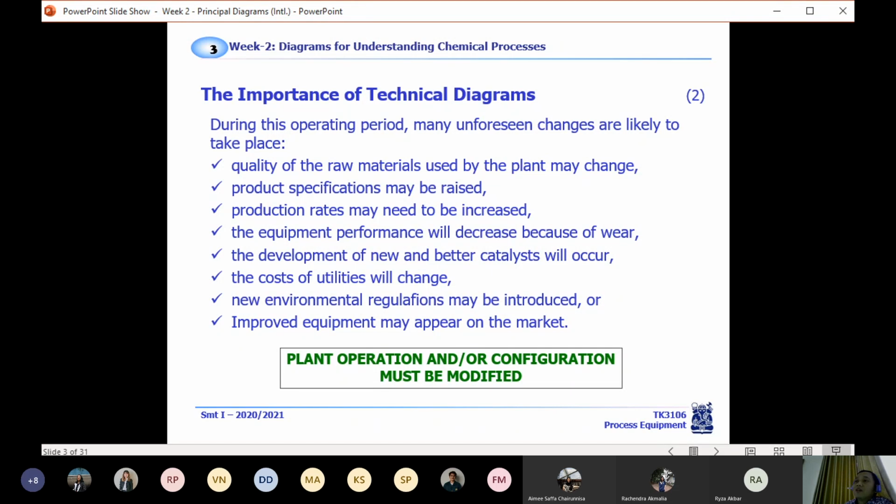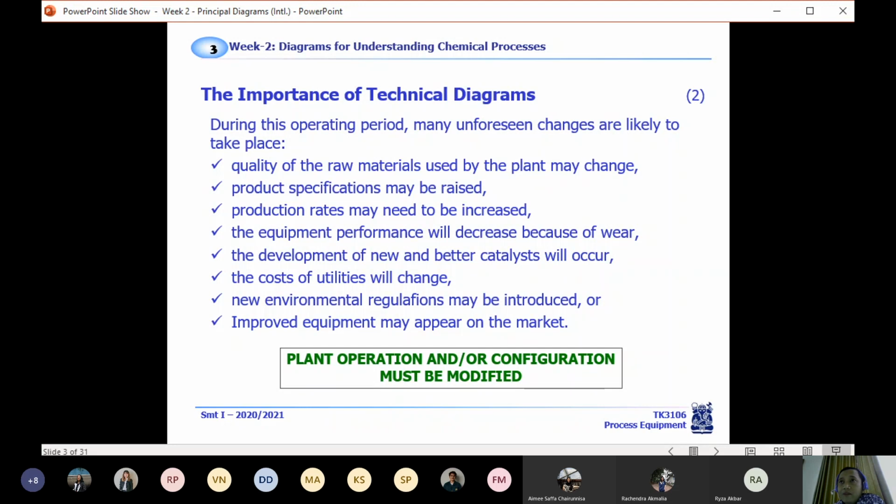For example, you put the picture of the process flow diagram, and at the bottom you put the new conditions because of the change of operation: pressure, temperature, flow rate for each stream, even the composition as well.